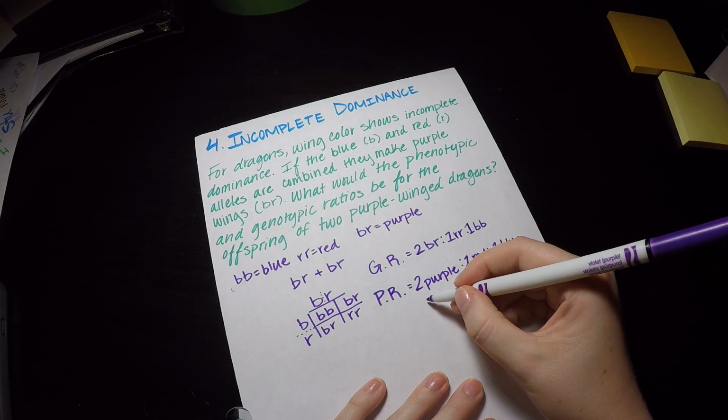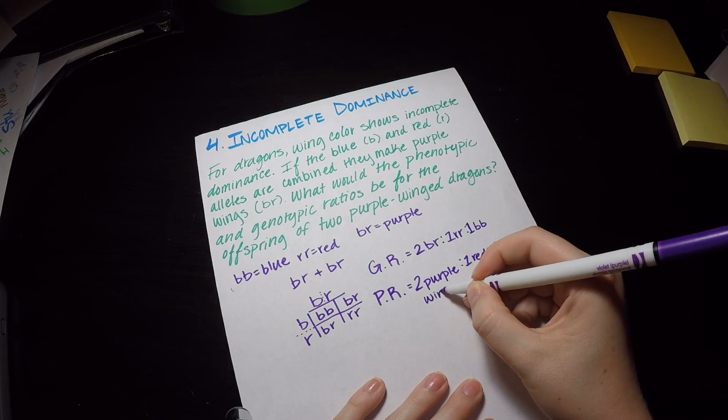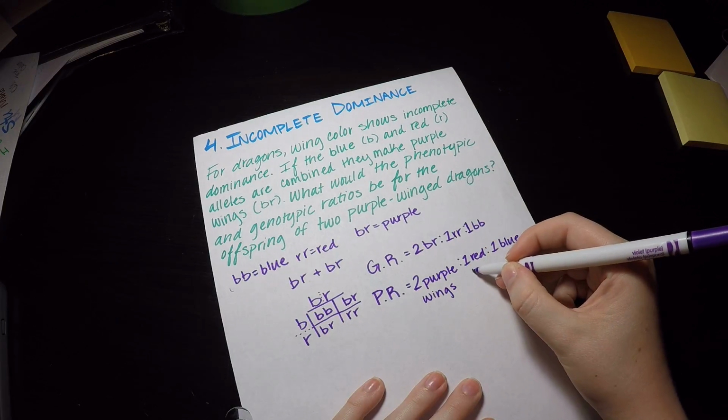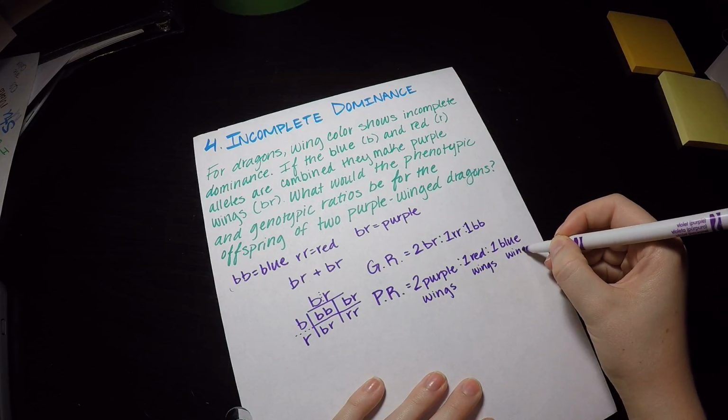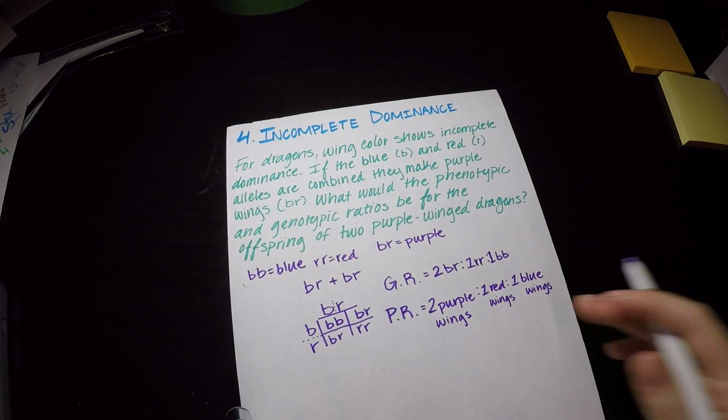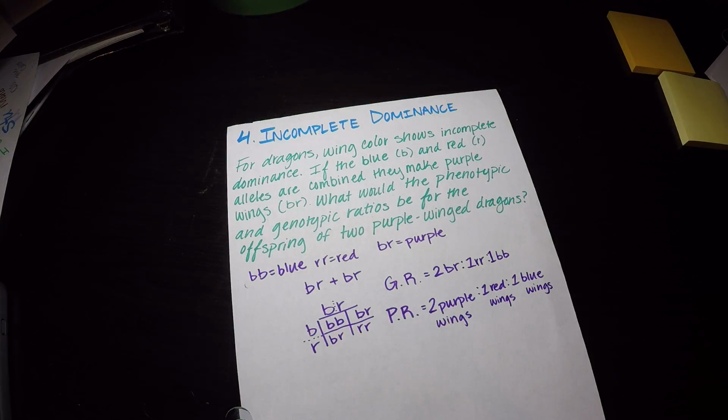And under each of these you should write wings, just to be clear. Okay, so that is how you do this incomplete dominance and dihybrid practice.